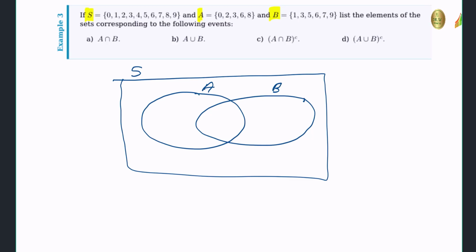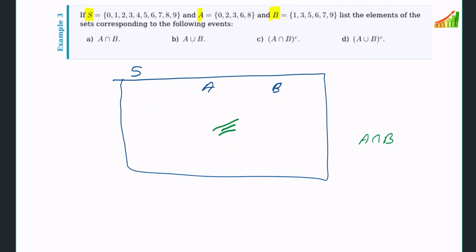First of all, we need to identify the elements in the common region here. What is that common region? That common region is A intersection B. We know that already.